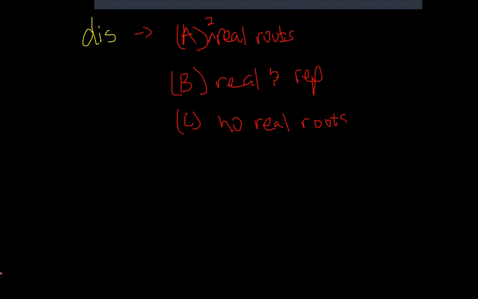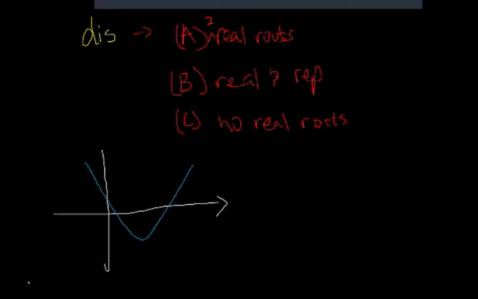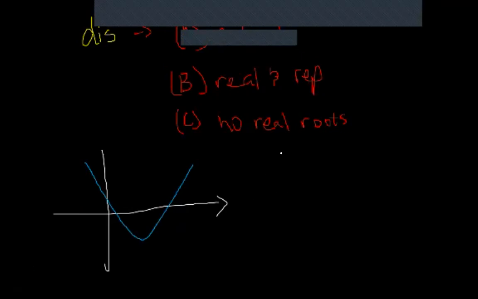So what does that look like exactly? We know that a quadratic graph is a parabola. What does a parabola look like? It looks like this, or you might see this.